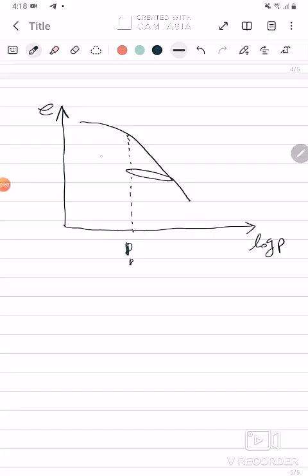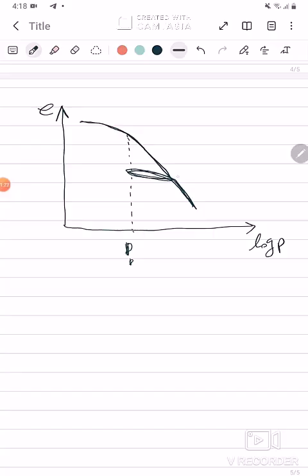As we can see in the curve between porosity and logarithm of P, for example in a consolidation curve, the slope of the curve in unloading and reloading is different from the loading part, after, of course, the pre-stress load.